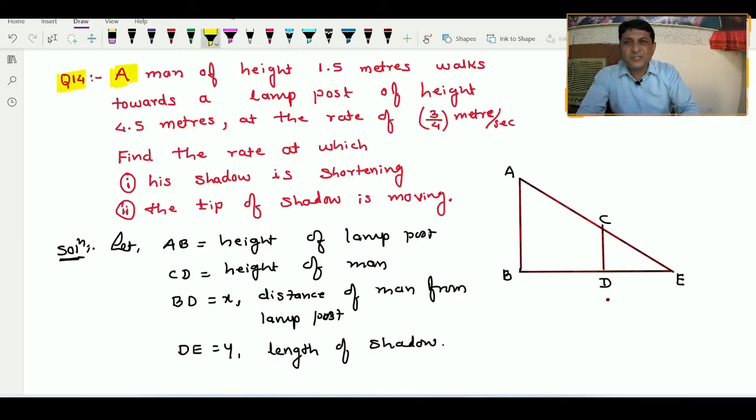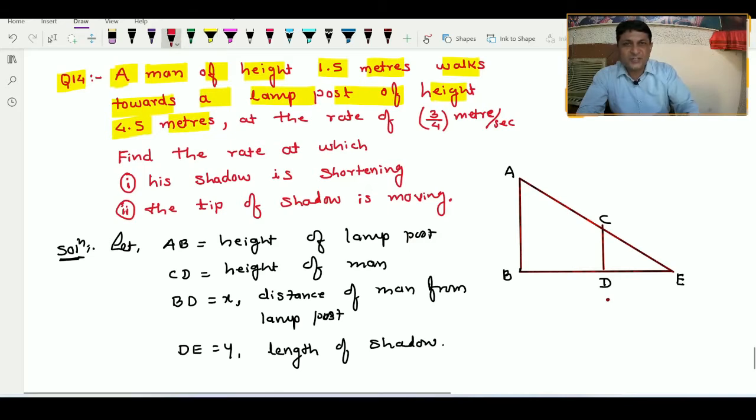In this example, observe the given condition. A man of height 1.5 meter walks toward a lamppost of height 4.5 meters. So here in the figure we have denoted this CD. CD means the man of height 1.5 meter, and AB is nothing but the height of the lamppost. According to the given condition, it will be equal to 4.5.